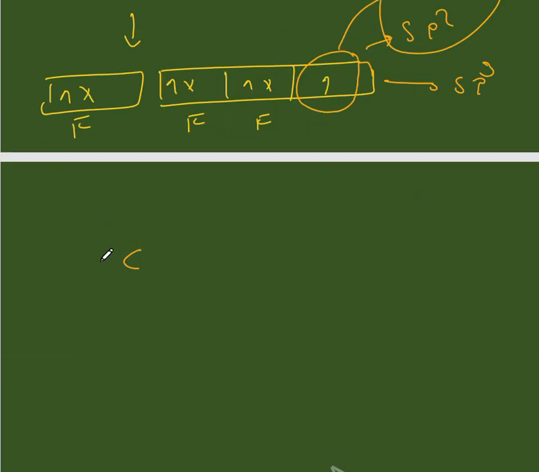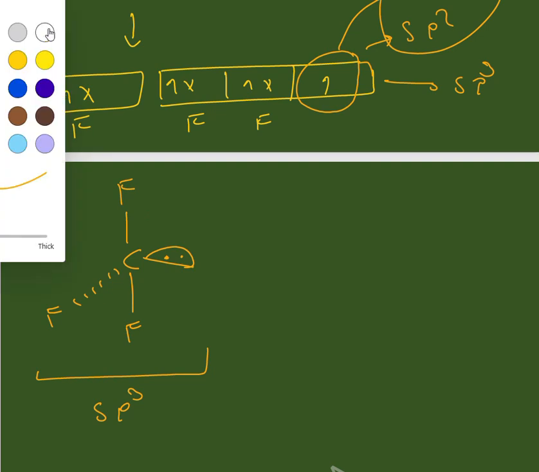We had a carbon, we now have a fluorine. Let's write like this. We have a fluorine here, we have a fluorine here, we have a fluorine here, and another lone pair in this manner. Fine.